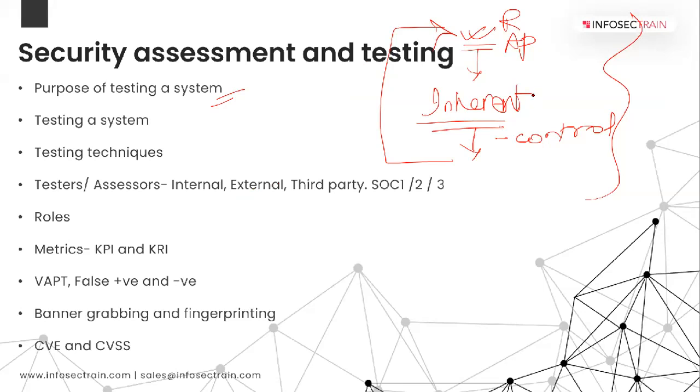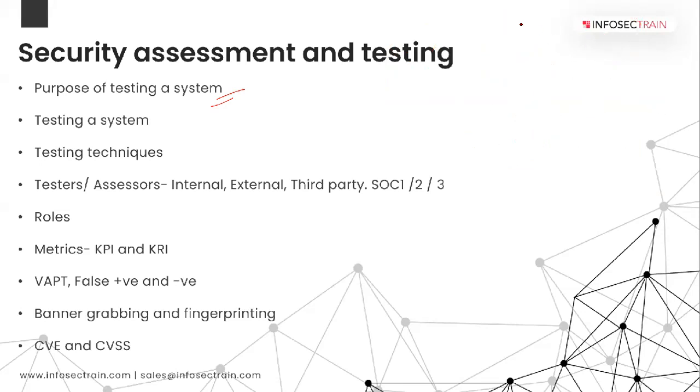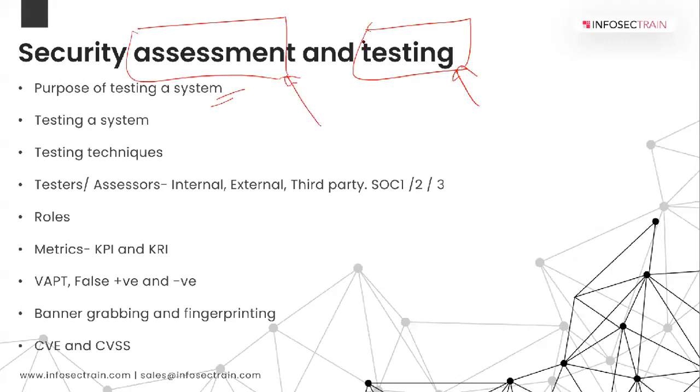Since the controls are not effectively put in the environment, maybe your risk is now greater than your risk appetite. So how do you figure that out? That is the purpose of testing, etc. That is why we do testing and assessment, because we wish to understand that the business requirements that we started with are met by the end of it.